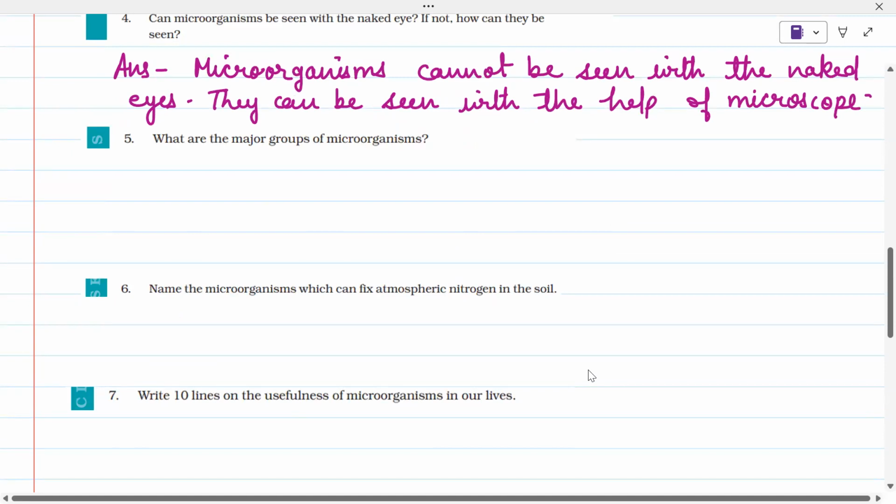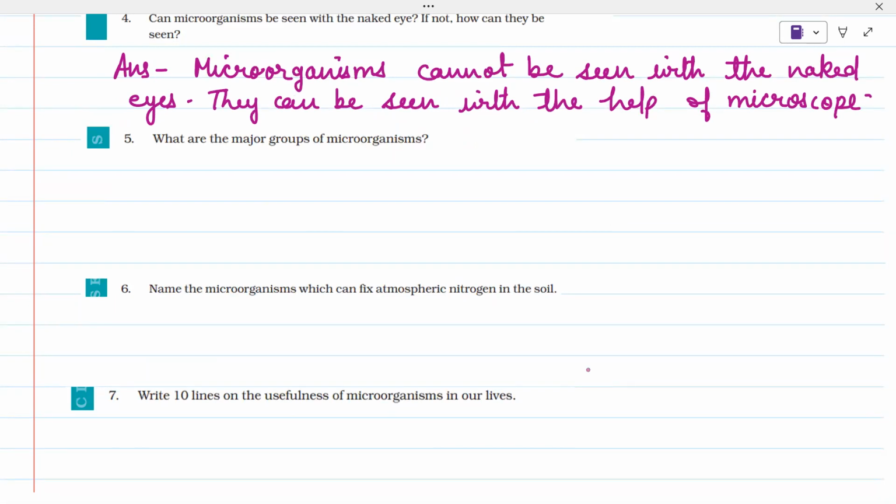What are the major groups of microorganisms, right?